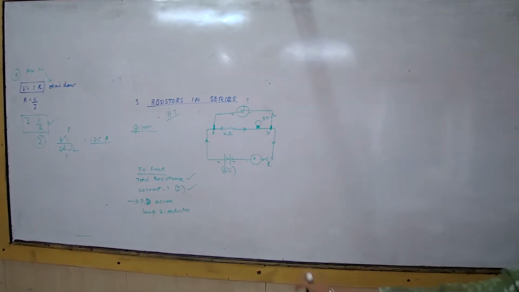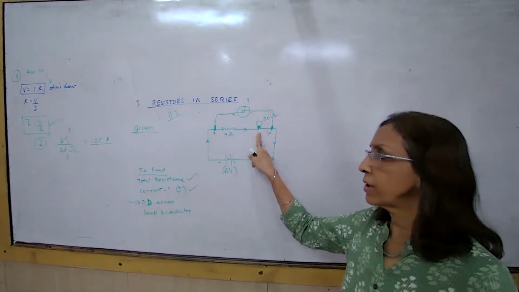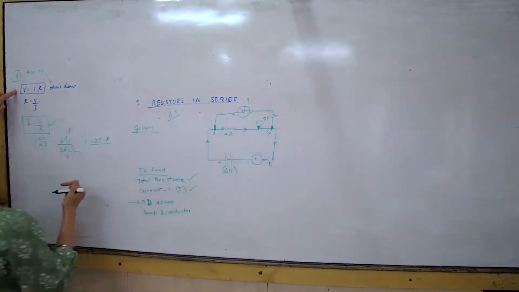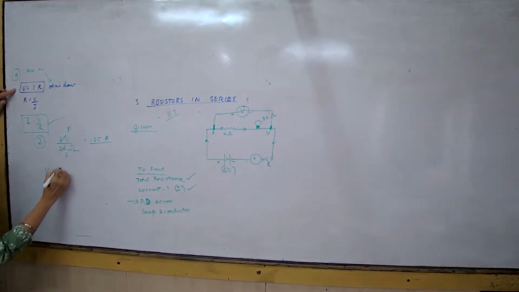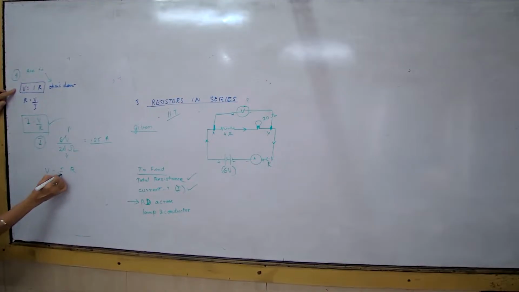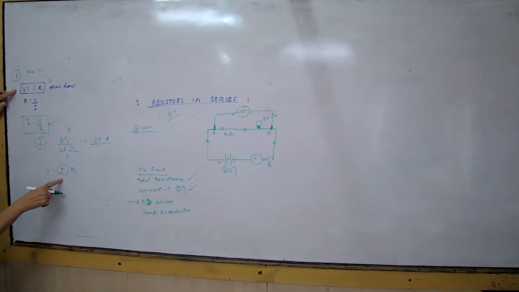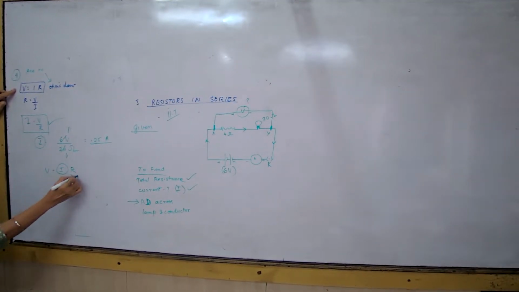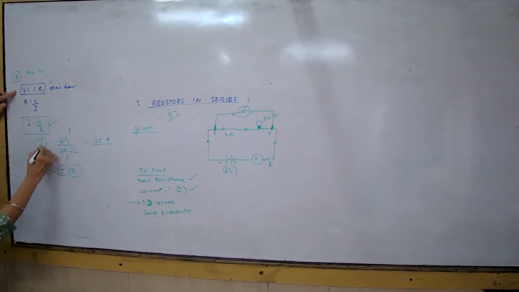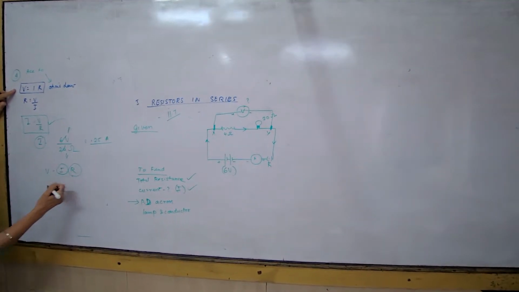Now we have to find out across both of them. So what are we going to do? Find out V is equal to I into R. I know the value of I, we have already found it here. I know the total value of R. We know R. Find out V.